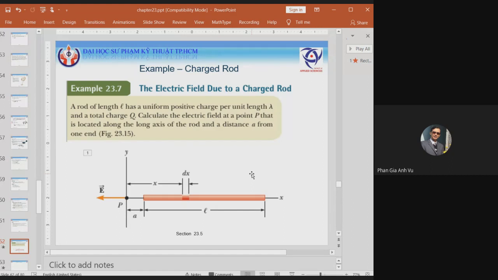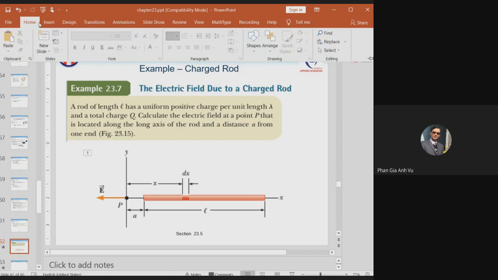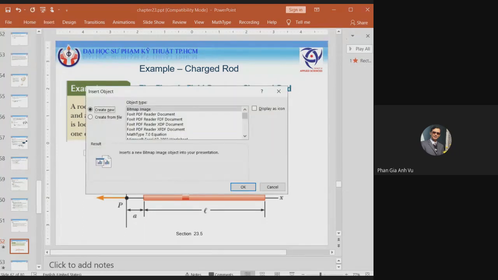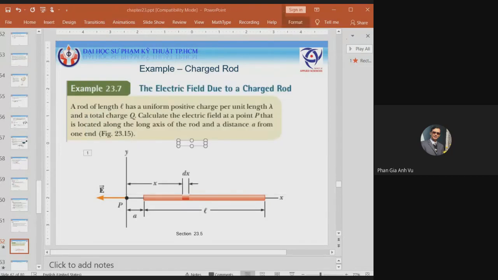Okay, first of all, we have to define the tiny piece of charge we call dq. A very small piece, we call it dq. I take dq as a small piece of length dx here.